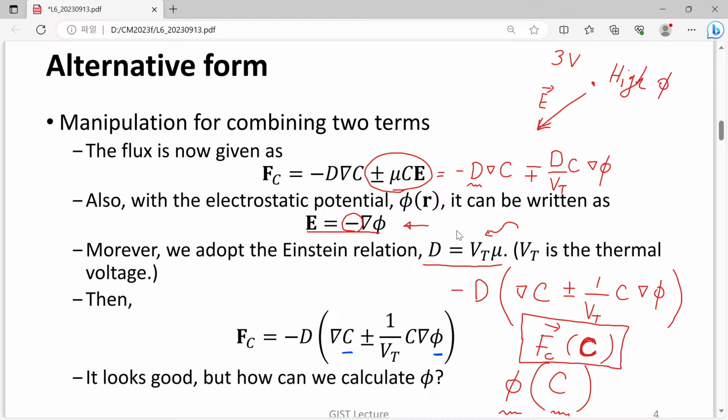For example, what we have done was the introduction of a triplet. It's okay. The electrostatic approximation, it's okay. And the Einstein relation, when we assume the equilibrium case, is perfect. However, it's not actually.